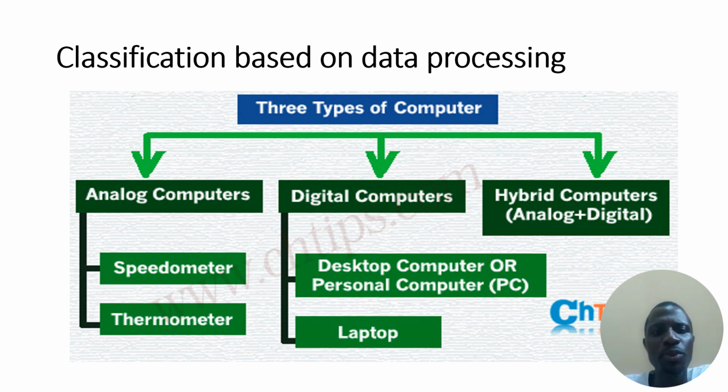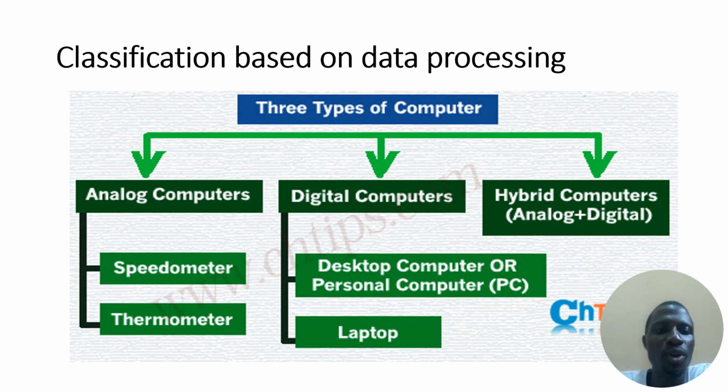Based on the way data is processed, computers are generally classified into three categories. The first one is analog, the second is digital, and the last is hybrid. What are analog computers? Analog computers are computers that use continuously variable physical quantities to represent and process information, while digital computers use discrete states.